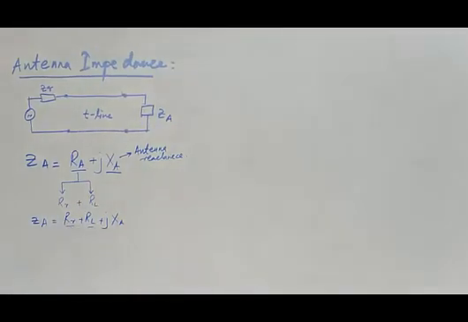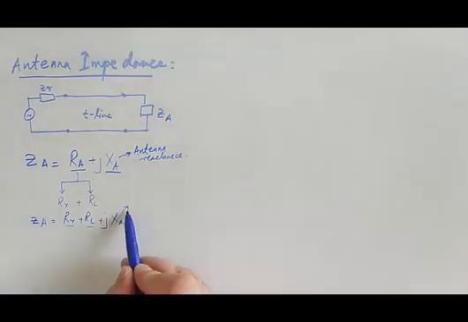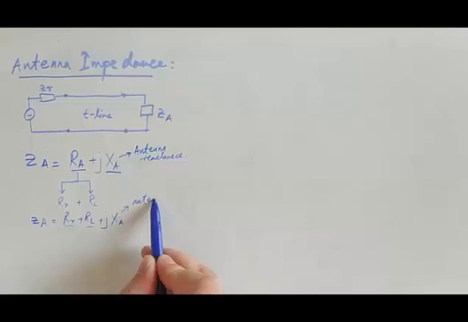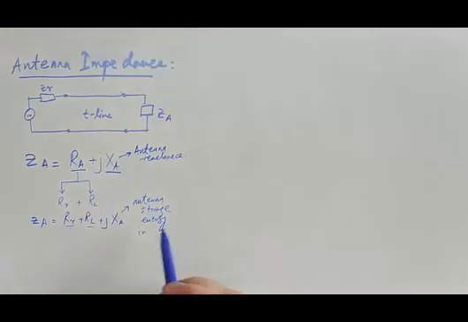RR is the radiation resistance and RL is the loss resistance, and jXA denotes the reactance of the antenna, which denotes the stored energy in the antenna near field. So this shows the antenna storage energy in near field.